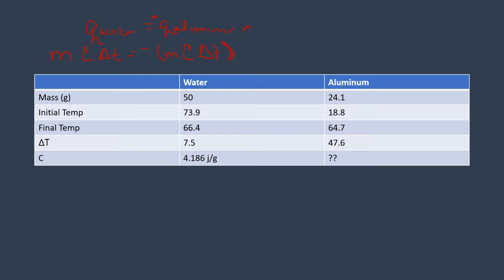So mass of the water is 50 grams. My C for water is 4.186 joules per gram. And my delta T was 7.5.